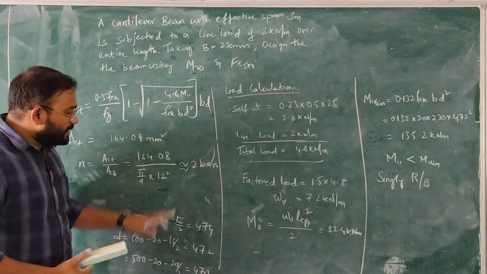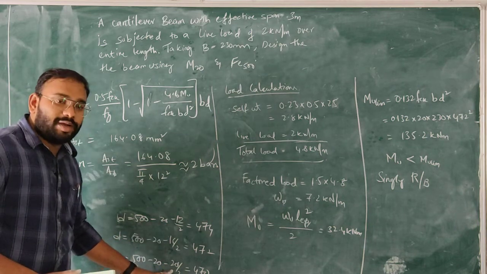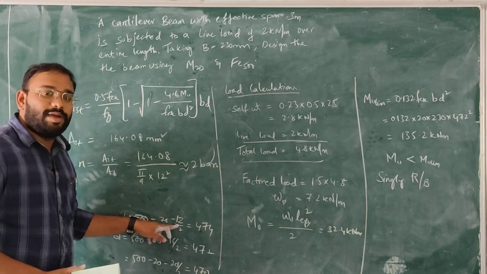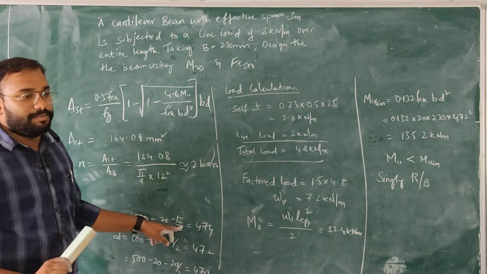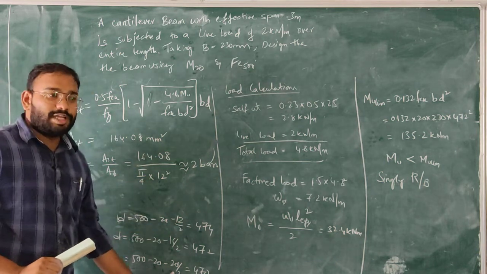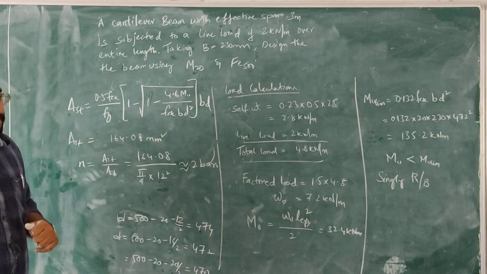So when you are assuming 16, you can use bars of 12 and 16. When you are assuming 20, you can use 12, 16, 20. If you have assumed only 12, you can use only 12, because less than 12 is not to be provided in a beam. So it's better you always assume 20, so that you can provide bars of 12, 16 and 20 when you are converting into number of bars.